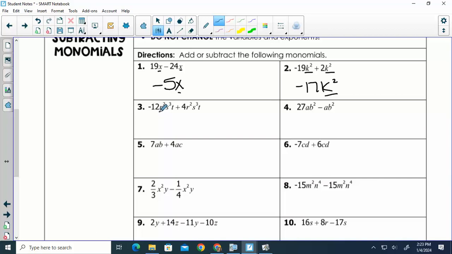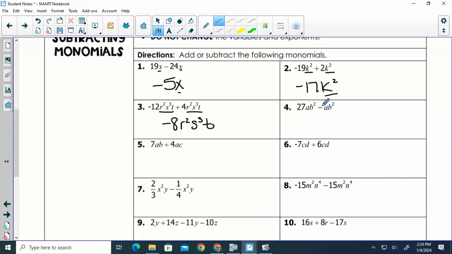Negative 12r squared s cubed t plus 4r squared s cubed t. Negative 8r squared s cubed t. So all the variable part stays. What about number 4? 26ab squared.